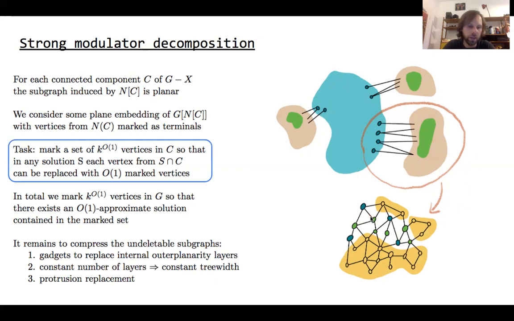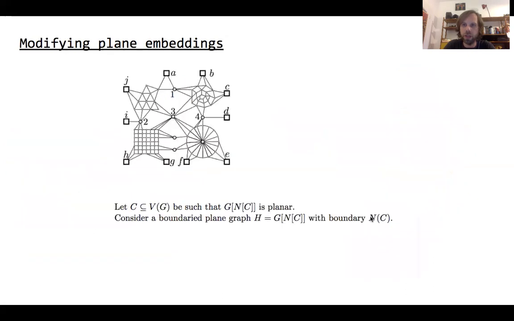And the most challenging part of the algorithm is this marking scheme to cover an approximate solution, and I will focus on this part now. Let us take a closer look at a planar subgraph with its neighborhood marked as squares.